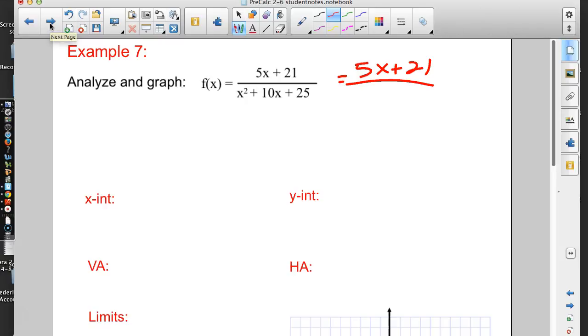That's a perfect square trinomial, x plus 5 squared. Vertical asymptote: with that denominator, figure out what would make that a 0. Horizontal asymptote. Your infinities.